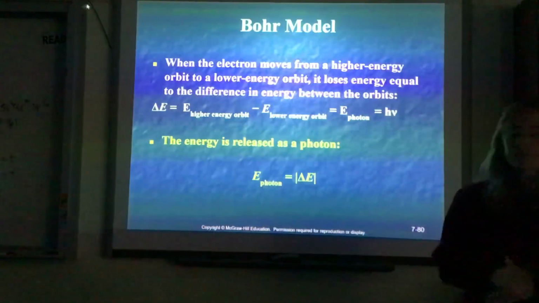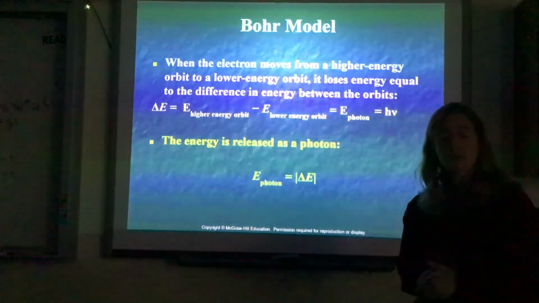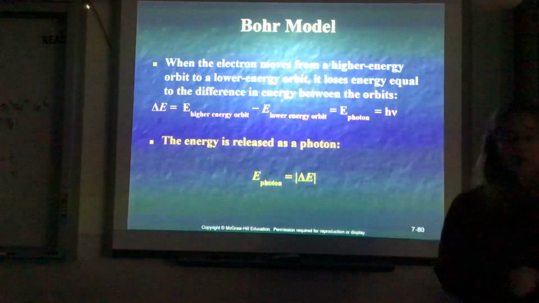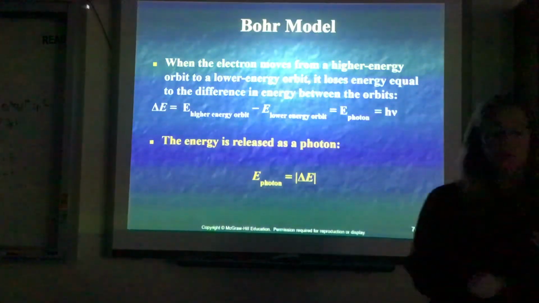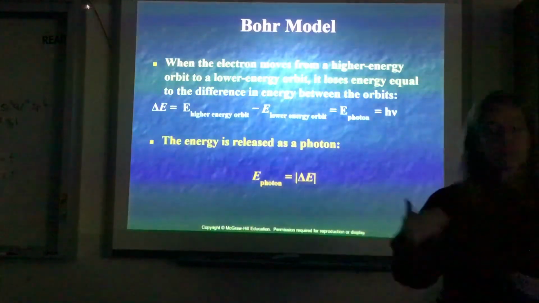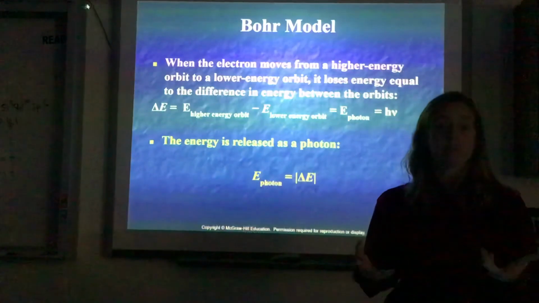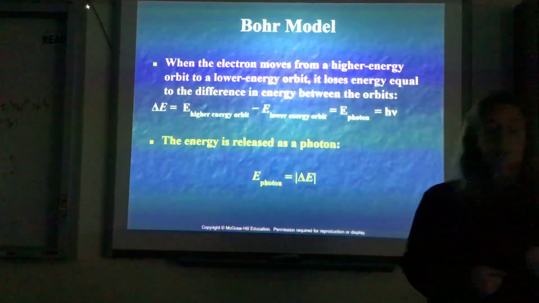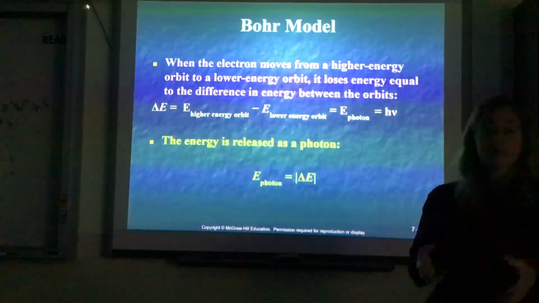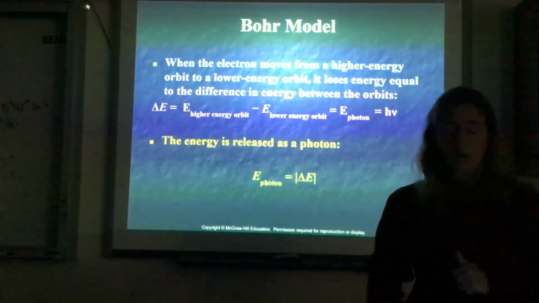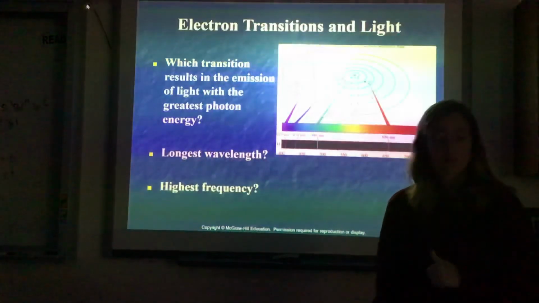When the electron moves from a higher energy orbit into a lower energy orbit, it loses energy equal to the difference in energy between the orbits. So if you take the higher energy minus the lower energy, you're going to get the energy of that photon, which is going to give off that specific color of light. The energy released is released as a photon, okay? So that's going to be your color that's being released, all right?